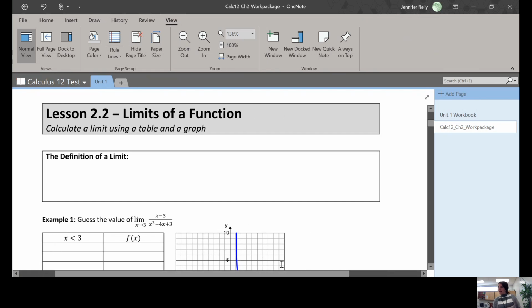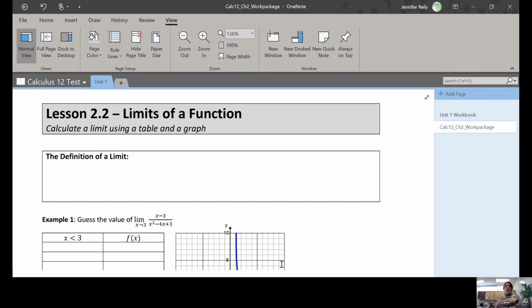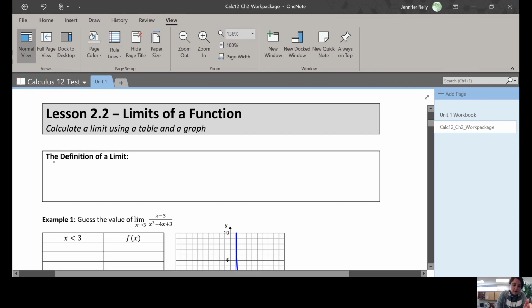So a limit is a value of a function that a function approaches as the x value gets closer and closer to a number. Okay, so the limit is the value that a function.